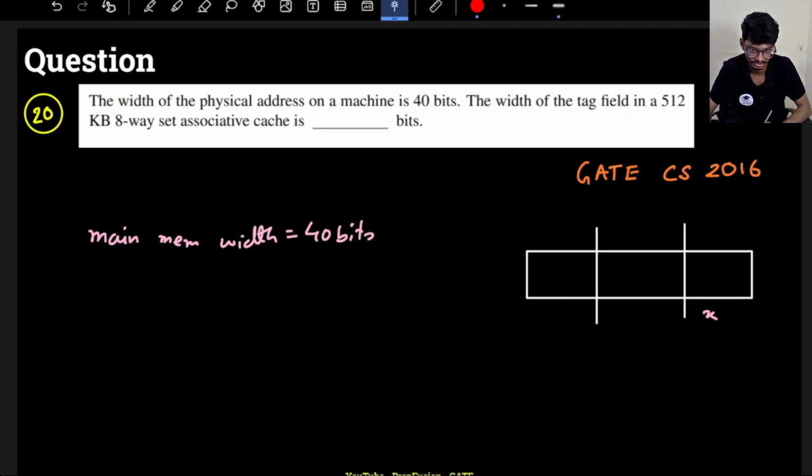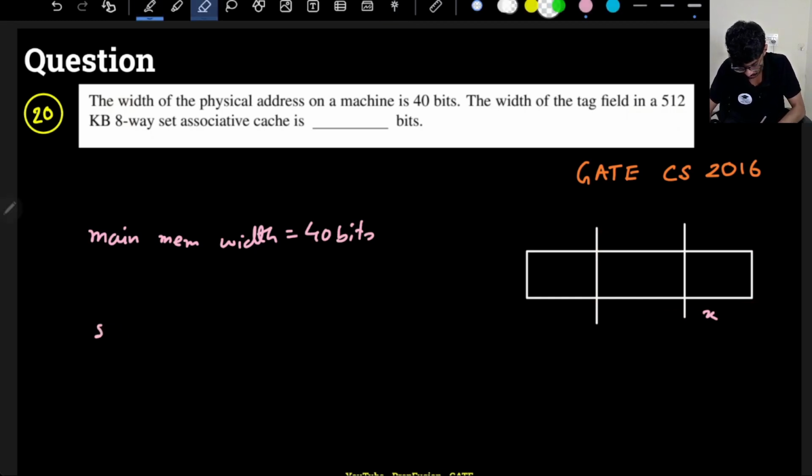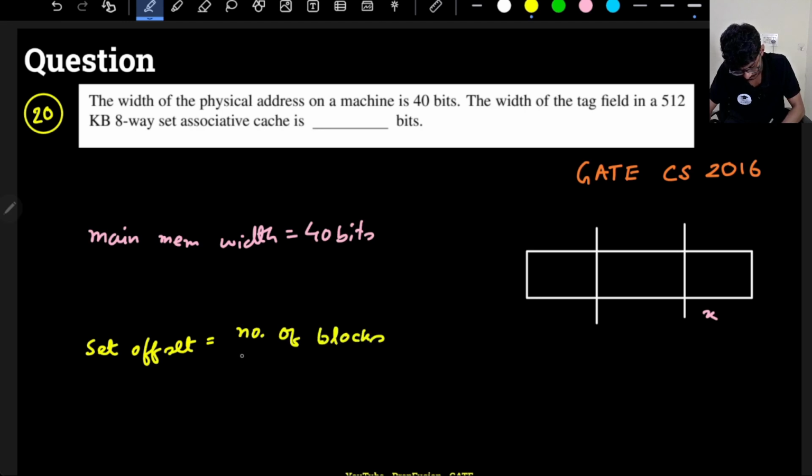That will relate to the cache memory size. If you remember, what is the set offset formula? Set offset is equal to the number of blocks divided by the block size, correct?